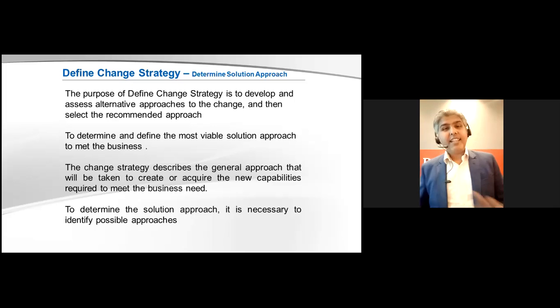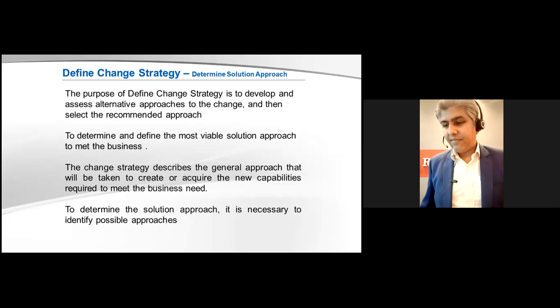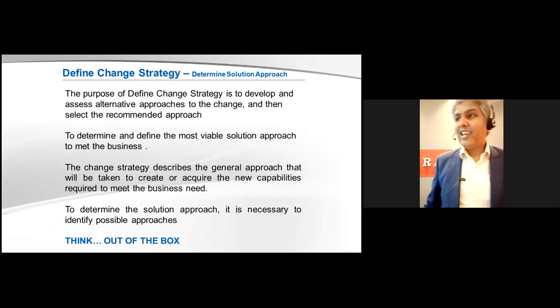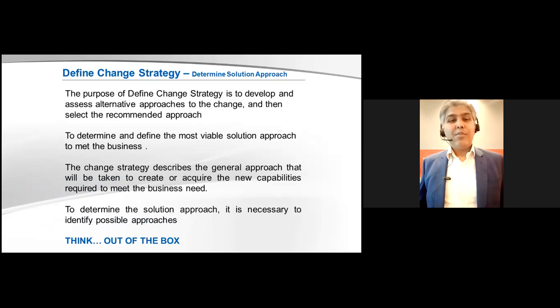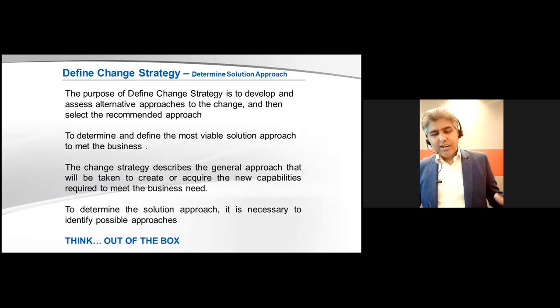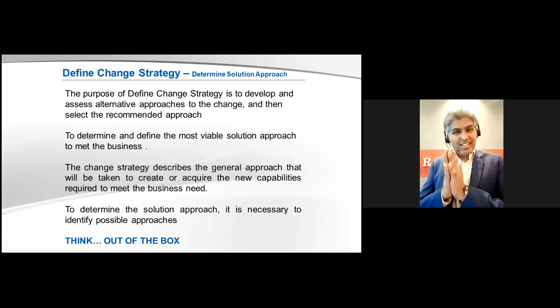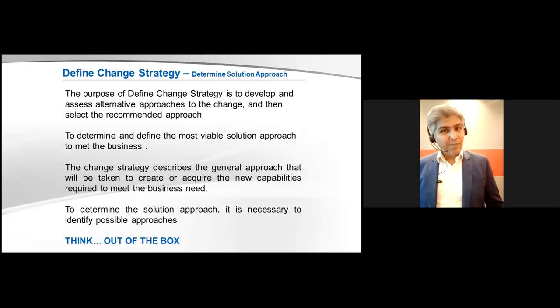Now, defining the change strategy is a hard thing. You have to think outside the box, because we are so much into the processes. We always think of our own solution that is in our mind. So for example, when I said that we need a 100% automated solution, we always think about making something.